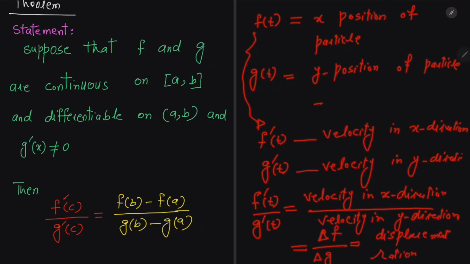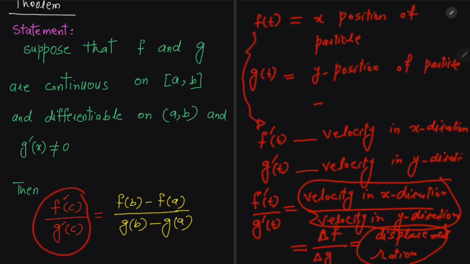On the left hand side, we have the ratio of velocities, and on the right hand side, we have displacements over the interval. So on the left hand side, we have a local value, since it is not over the interval, and the global value is over the interval. That is one explanation of Cauchy's mean value theorem.